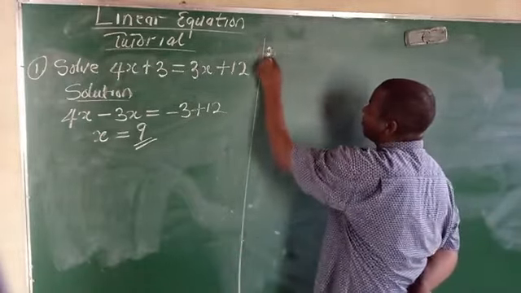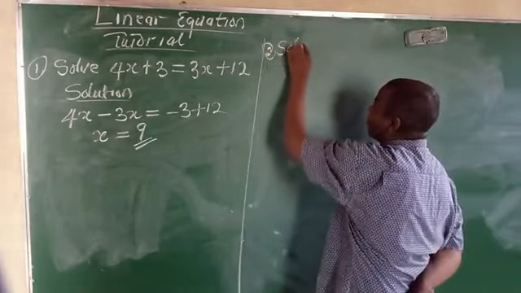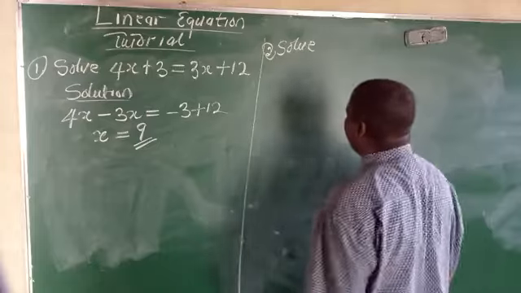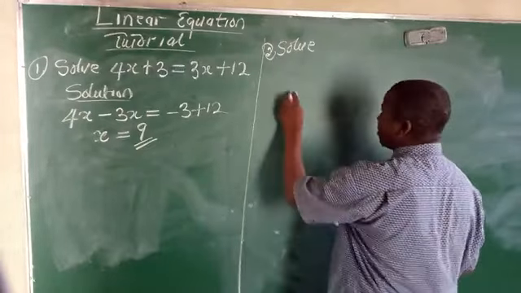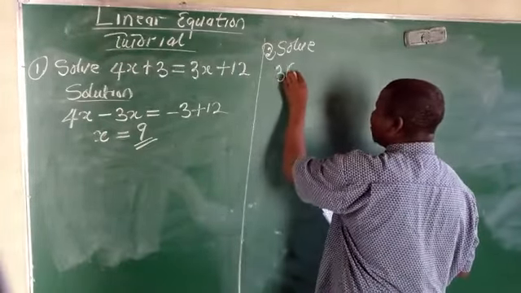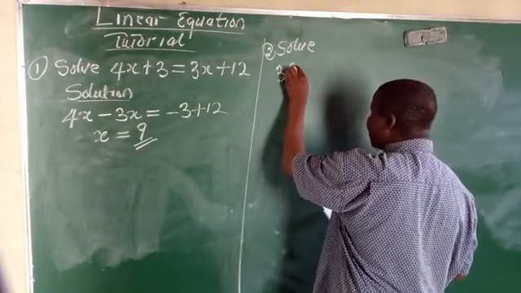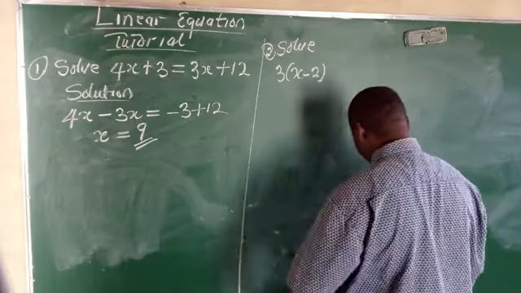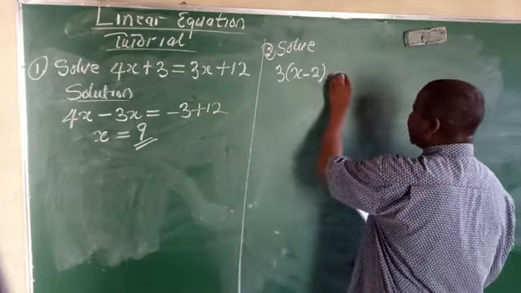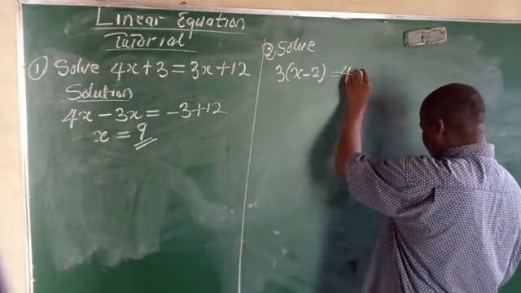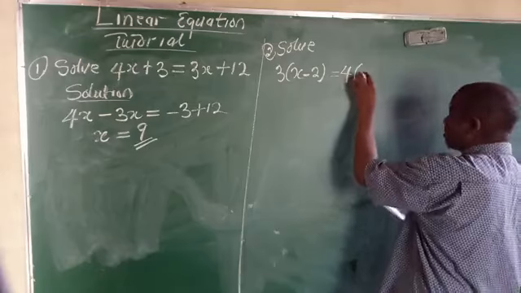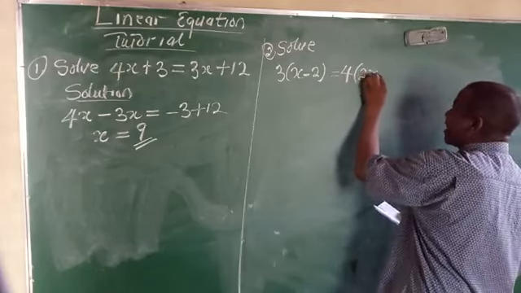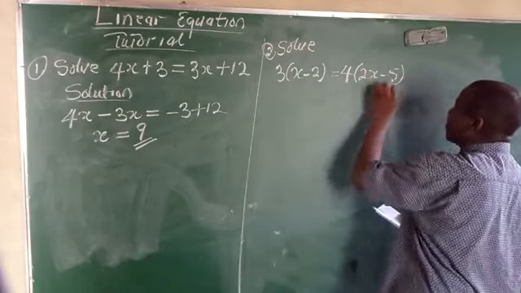Example 2 is saying we should solve 3 open bracket x minus 2 close bracket equal to 4 open bracket 2x minus 5 close bracket.